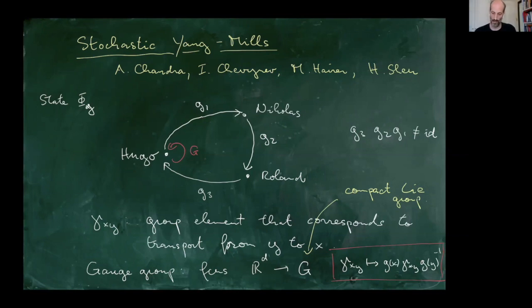So this way of transforming the connection is the only way which is compatible with the action of the gauge group on observables given by transforming phi of y, say, into g of y applied to phi of y.